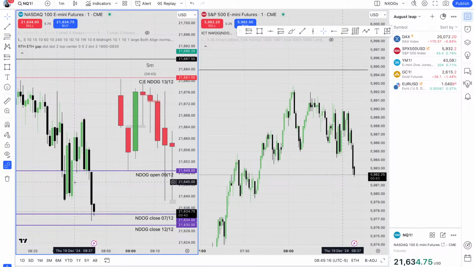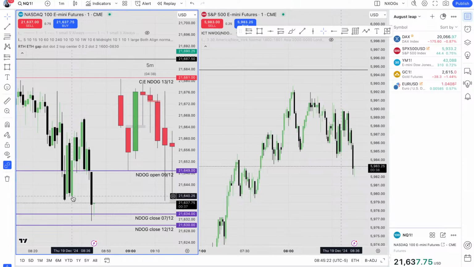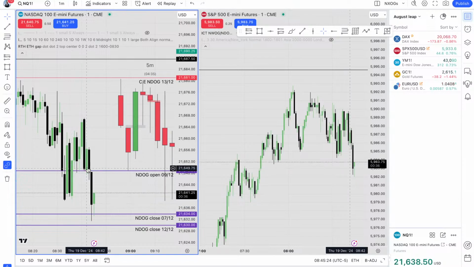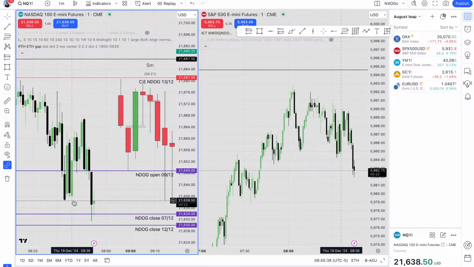Like for example, in this case, if this creates another fair value gap and you have this order block here, this is already a breaker. Yeah, it's the swing low between these two candles.